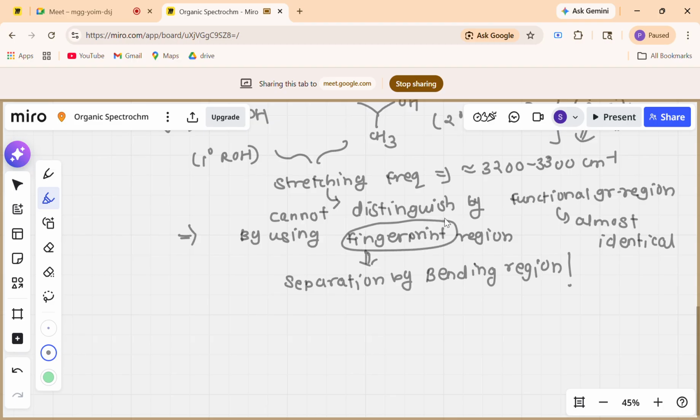Fingerprint means it's very unique and very precise for that particular molecule. Even if there are different isomers present, whatever isomer you are considering, it's like a fingerprint of that particular unit, and that's why we can distinguish by using the fingerprint region or a bending region in that molecule.